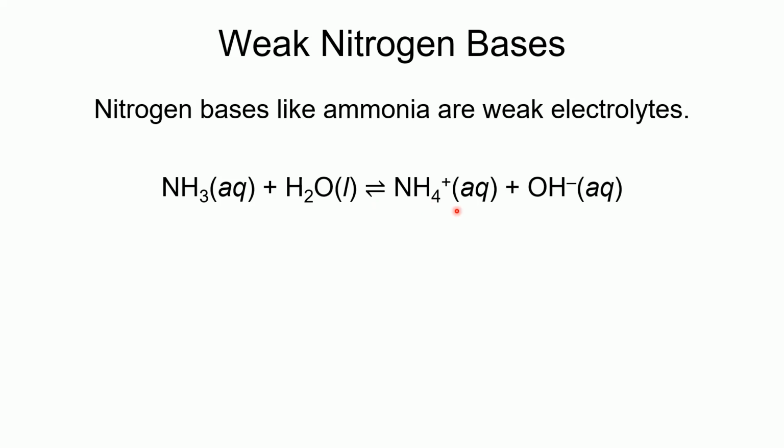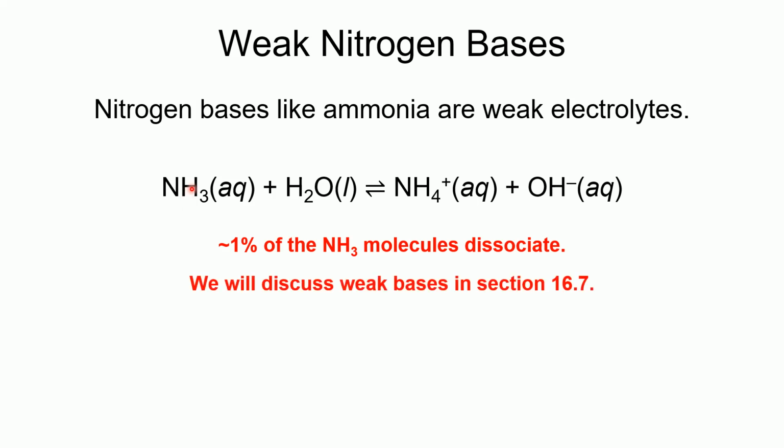For ammonia, a typical solution would only have about 1% of the molecules dissociated. 99% of the molecules would still be in the form of the ammonia molecule. We're going to talk about this in more detail later in this chapter in section 7.